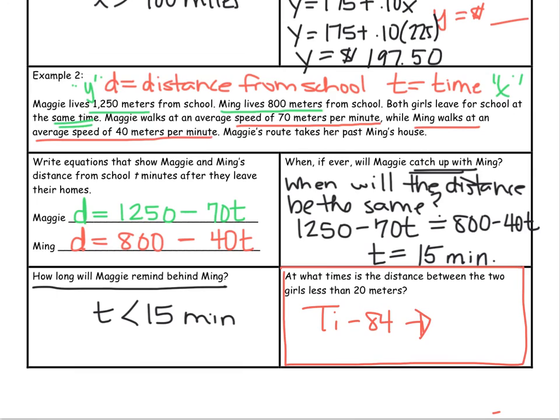But if you can figure it out in the meantime, that would be great. So we're looking for when the distance between Maggie and Ming is going to be less than 20 meters. Again, the easiest way to figure that out is on the calculator, and we will take a look at that in class tomorrow.